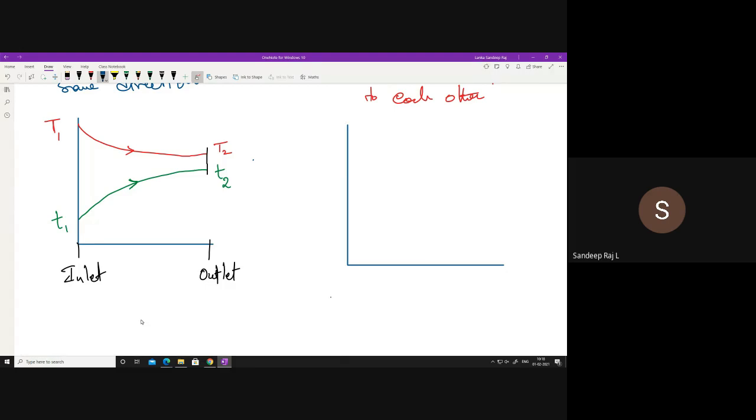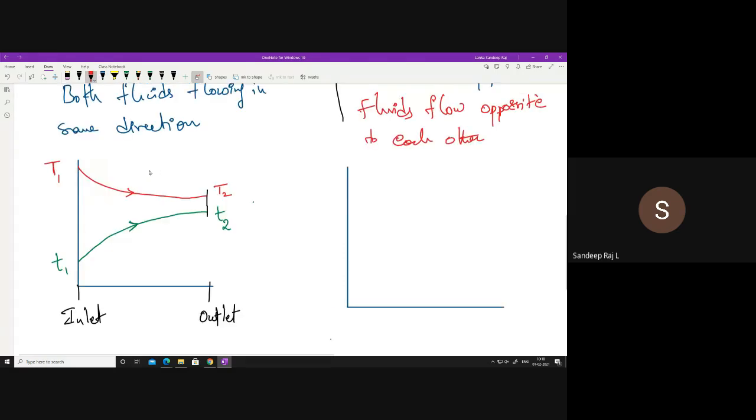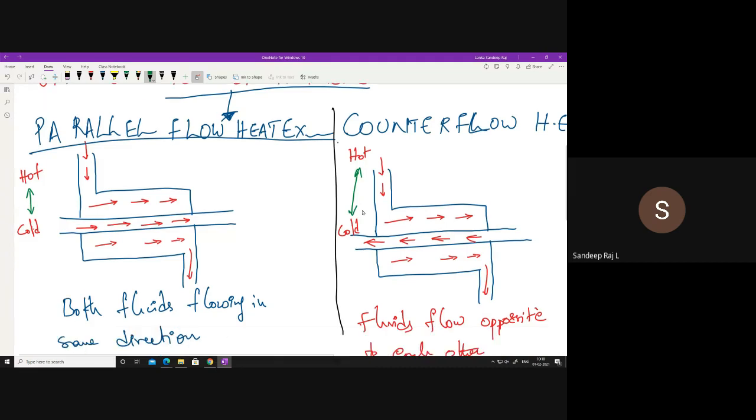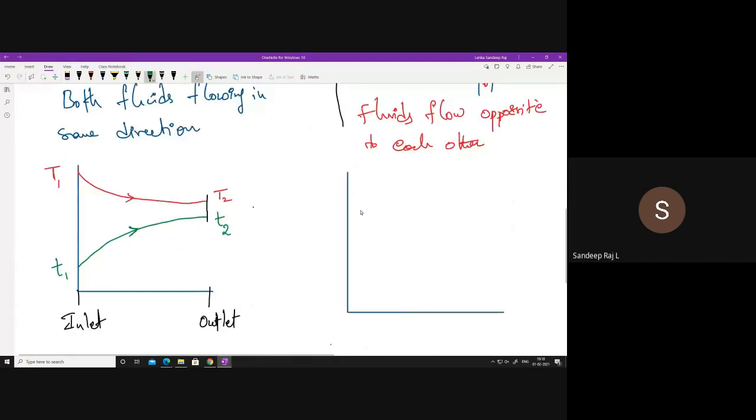If it is a counterflow heat exchanger, tell me what happens to the hot fluid here. You can take hot here, you can take cold here, and you can take the reverse way also. Tell me what happens to the hot fluid temperature.